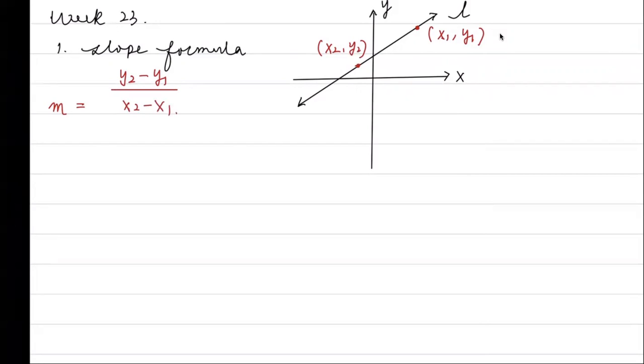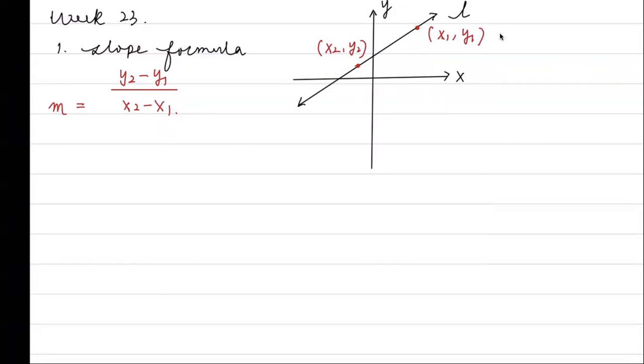This formula is one of the most important formulas we need to know in linear relations, so please remember it. If we know any 2 points on a straight line and their coordinates, x1, y1, x2, y2, then we can find the slope of this straight line. That's the first formula we learned in week 23.